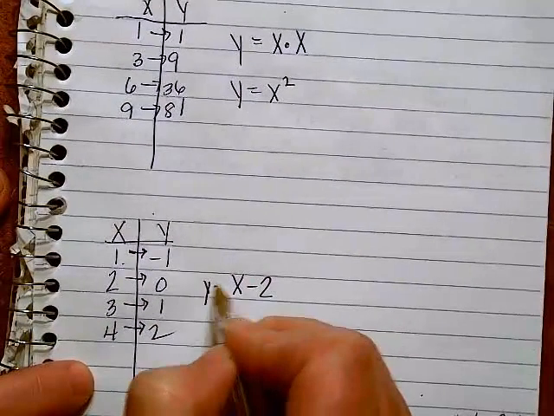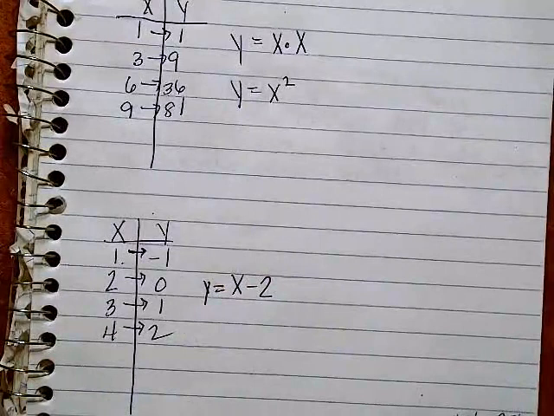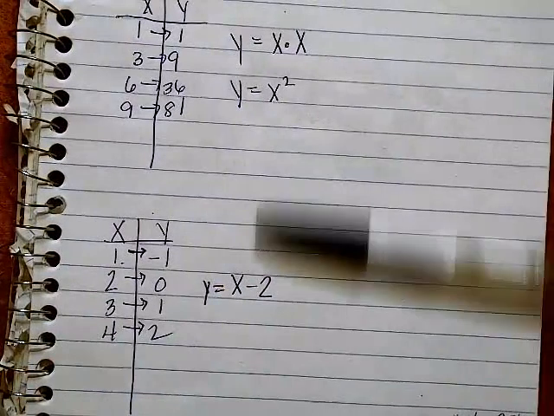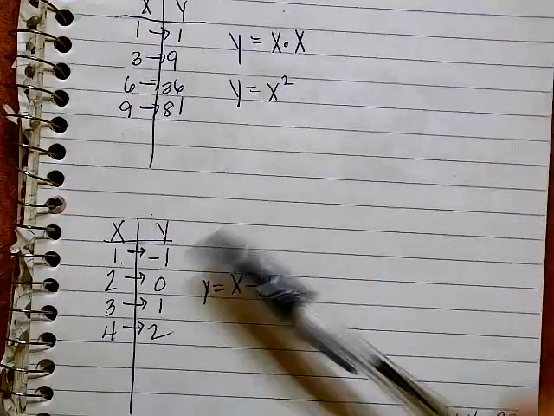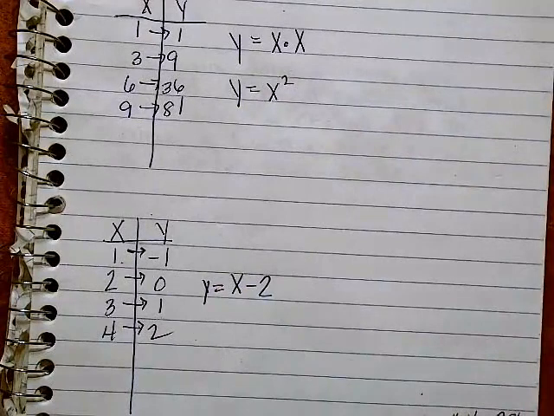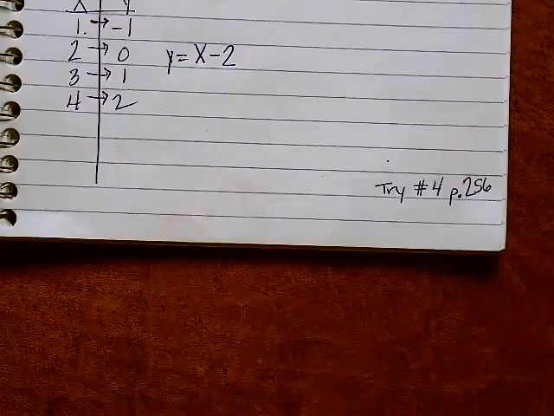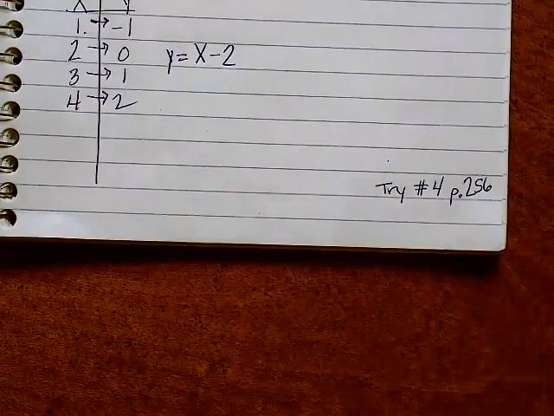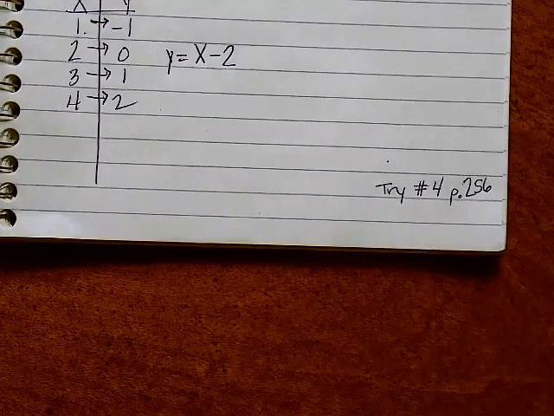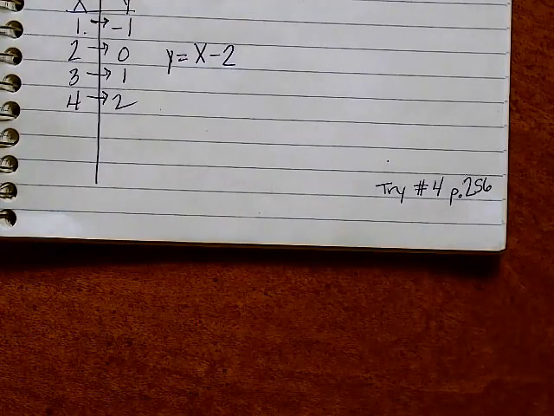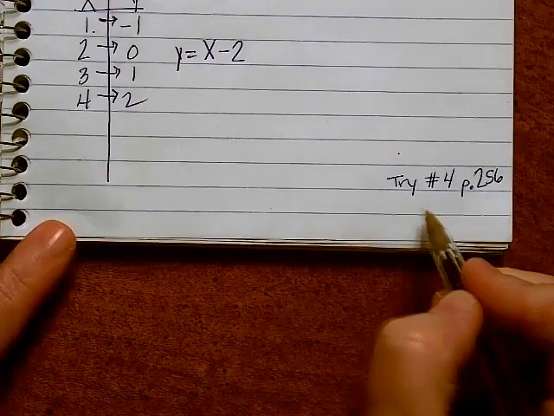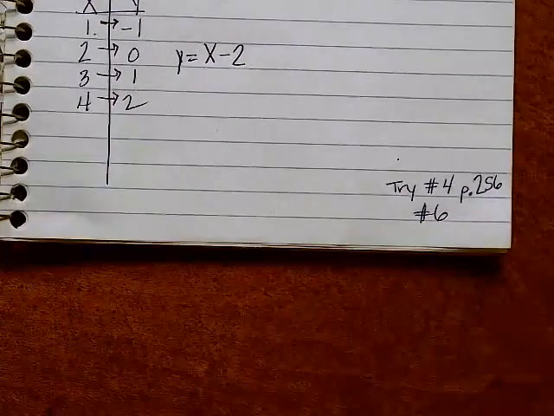So this equation is y equals x minus 2. Be sure when you're writing equations from tables that you look across and not down the table. I want you to pause the video and try number 4 on page 256. Let's see what you can come up with for number 4, and then try number 6.